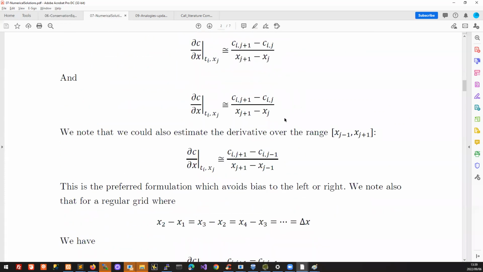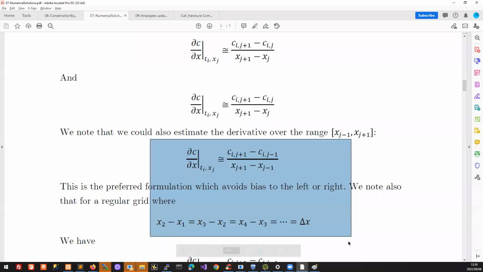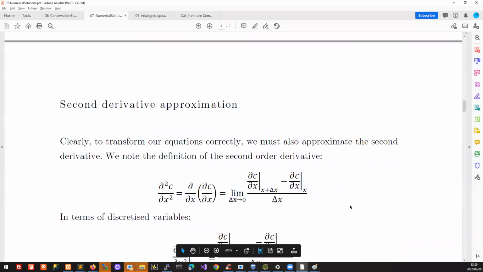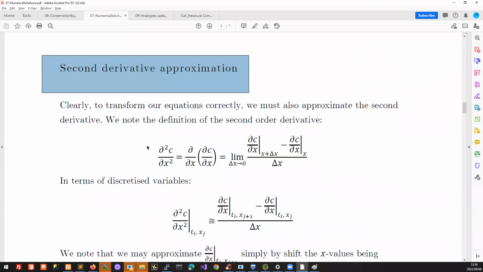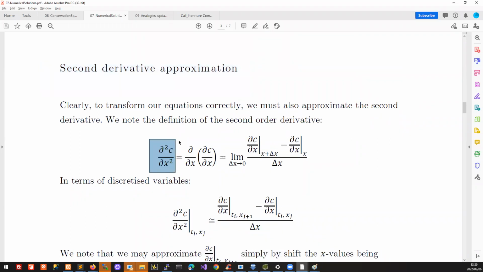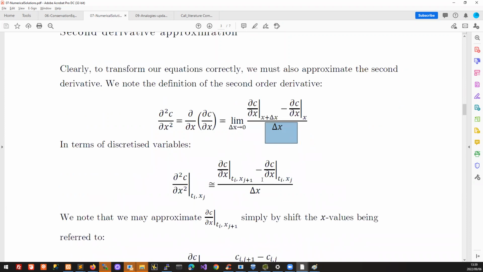And so by averaging the two, you can get better estimates of the derivative. And then you can estimate the second order derivative, the second derivative, as the derivative of the derivative. So if you take the difference in the derivatives at the two different points divided by the change, and then you substitute what we had here.